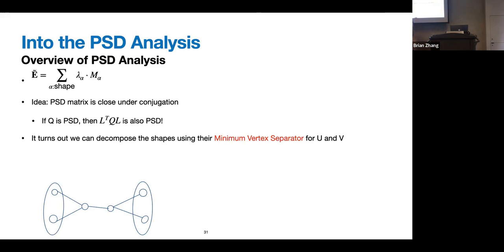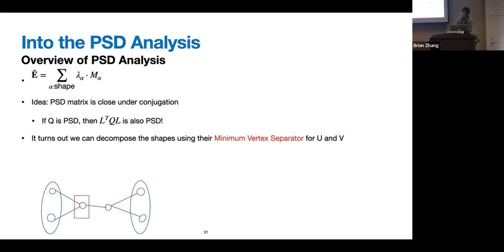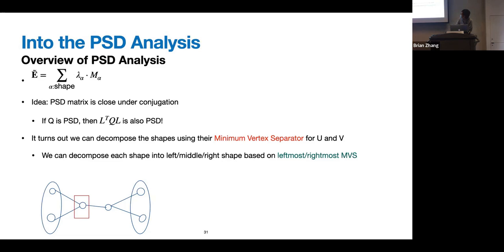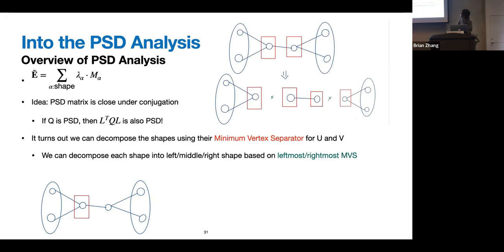So for a vertex separator, you can pick these two, or you can pick these two. In fact, that was the smallest one. You can just pick this vertex. Of course, you can also pick this one. Each of them is going to be a minimum vertex separator. So this is one of them. And we can see that this other vertex is also a minimum vertex separator. But we are going to decompose using the leftmost one and the rightmost one. Let's assume they are well defined.